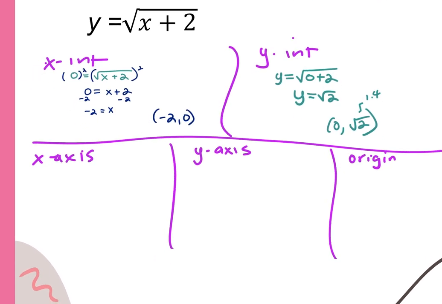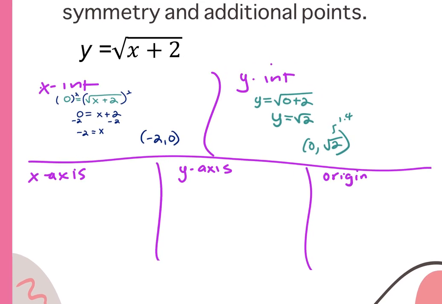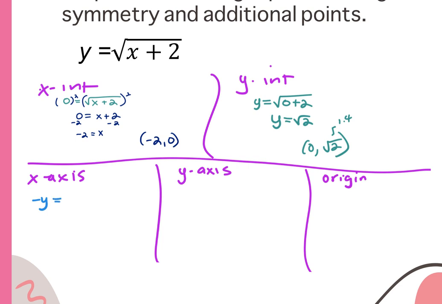All right, how do I test for symmetry for the x-axis? Change the y to -y. There's nothing to simplify here. Does this match the original? No. Are every term the opposite? No. For y-axis, I change the x.